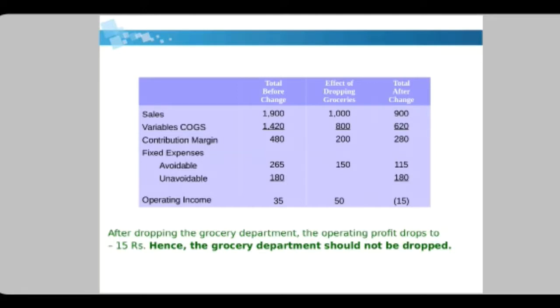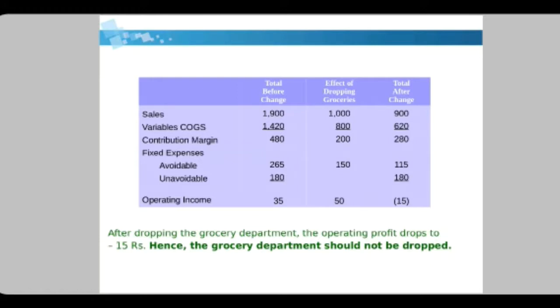Variable cost of goods sold is 1420 in total. If we drop the groceries department, it will be 1420 minus 800, that will become 620. Contribution margin is 480, and after dropping the groceries department, it will be 480 minus 200, so it will be 280.